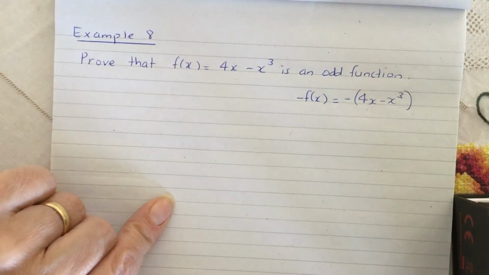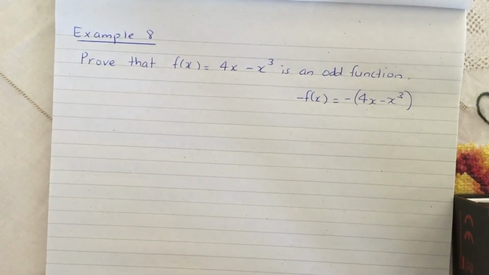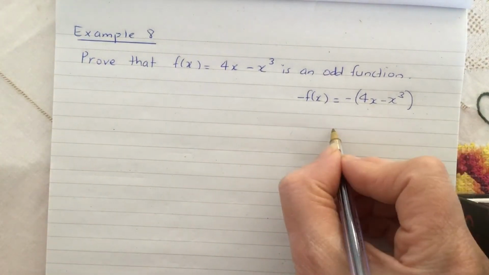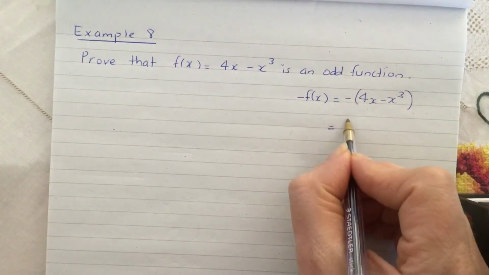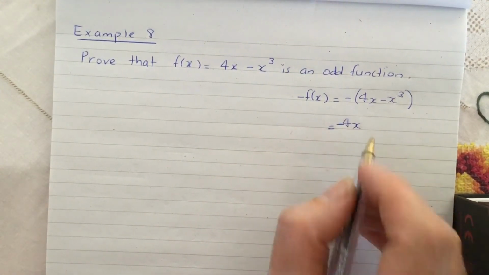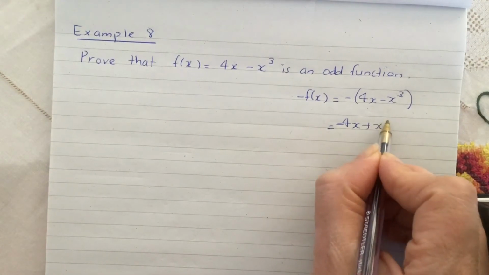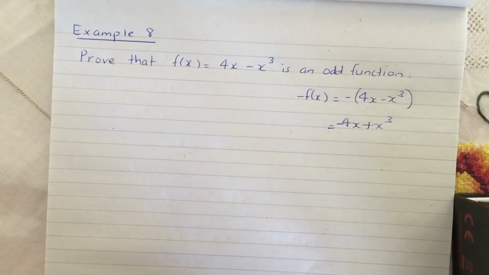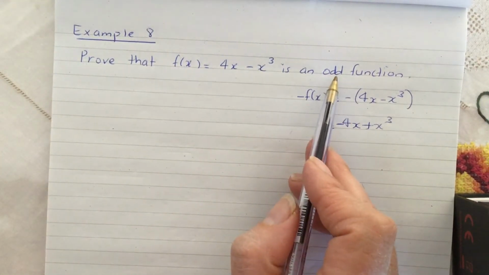You'll find in mathematics, do everything step by step, try not to skip steps and you won't make mistakes as often. Okay, so we got minus 4x, and then we got minus x cubed, which happens to be plus x cubed. We should end up with this result to prove that it's an odd function.